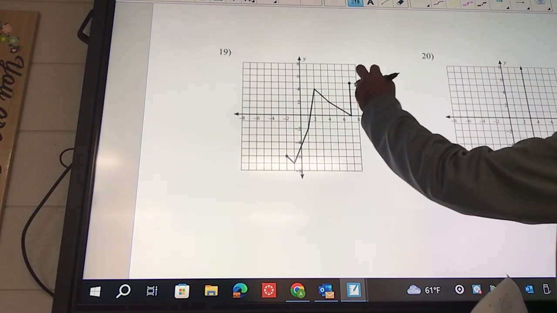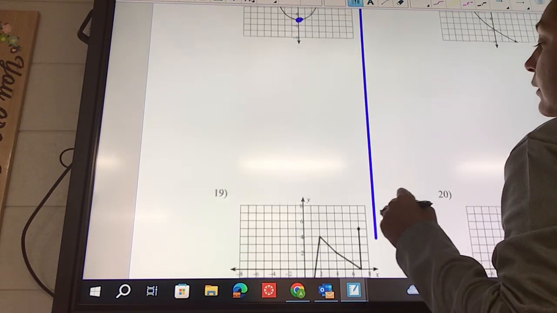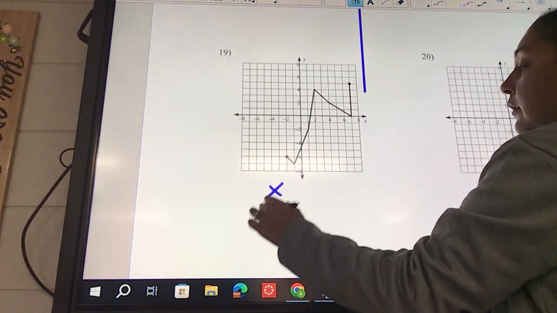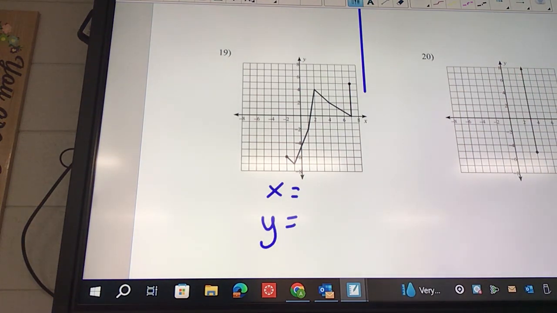Okay, 19, I got. Where does it touch the x line? 1.